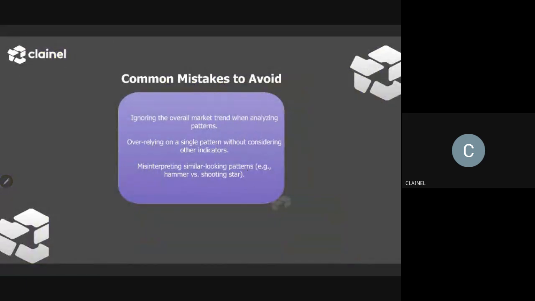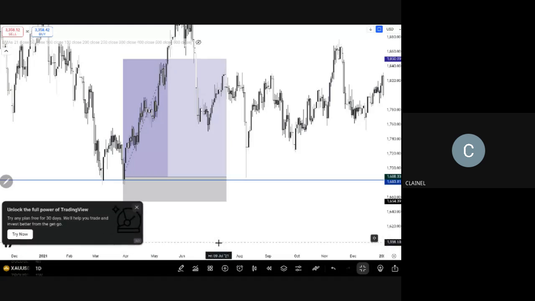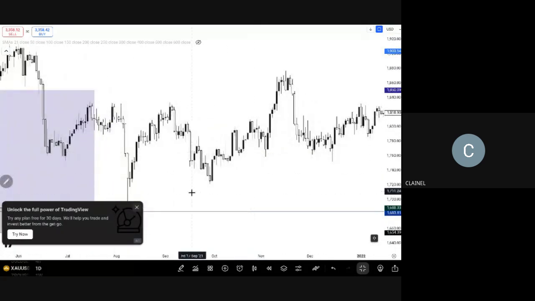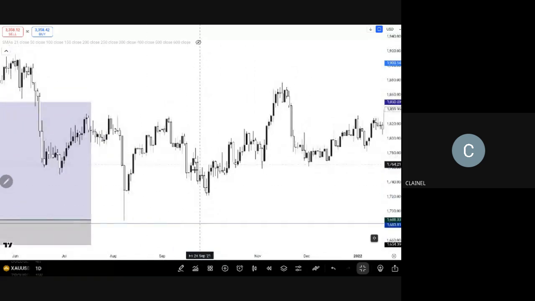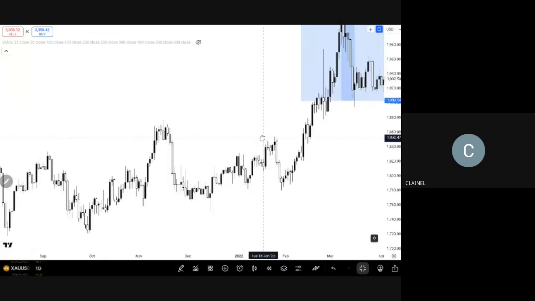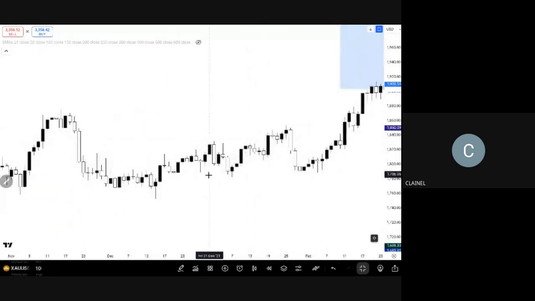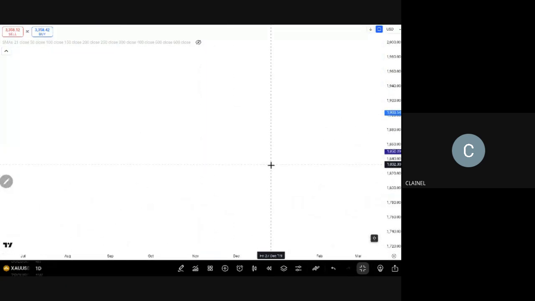So now let's go to the chart and identify some of these candlesticks. Let's look for our bullish engulfing. Let me show you exactly how it is so you would know what you're seeing. I'm sorry about that.